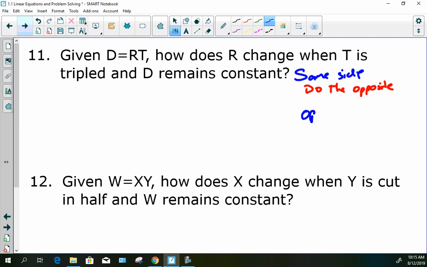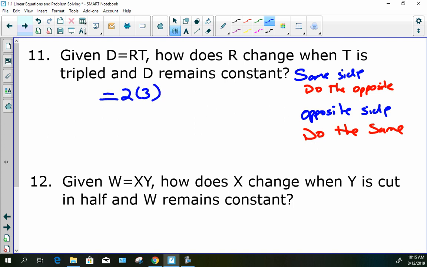Opposite side, do the same. Same side, do the opposite. Opposite side, do the same. What does that mean? I'm going to get away from using these letters, and I'm going to substitute numbers in. What numbers? I don't care. Doesn't matter. So I'm just going to make up numbers.